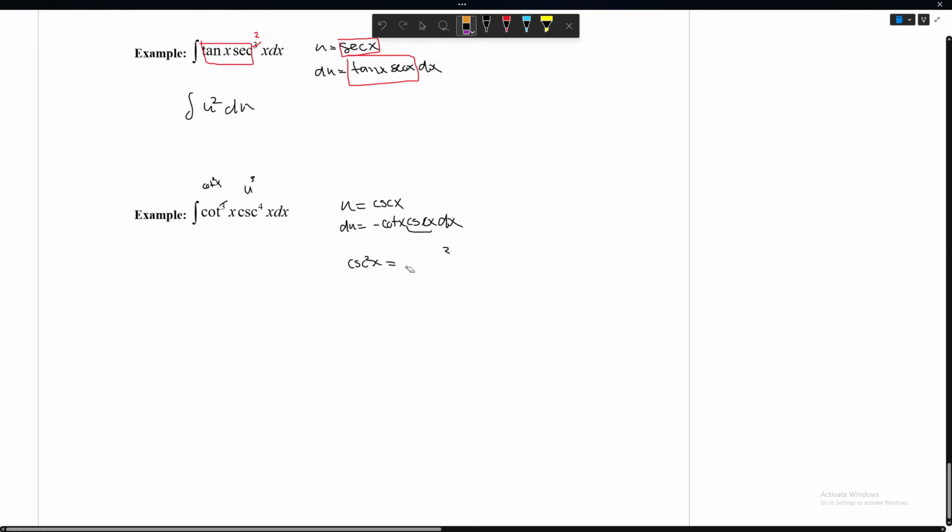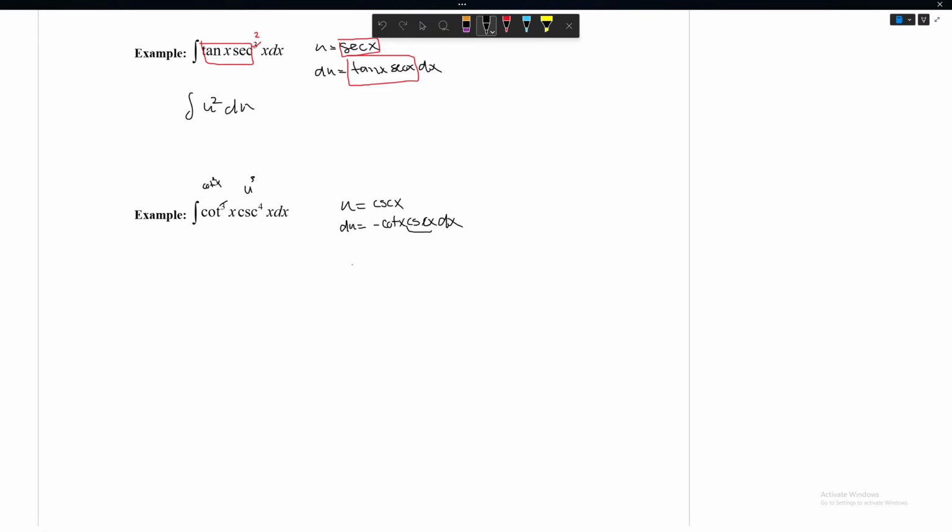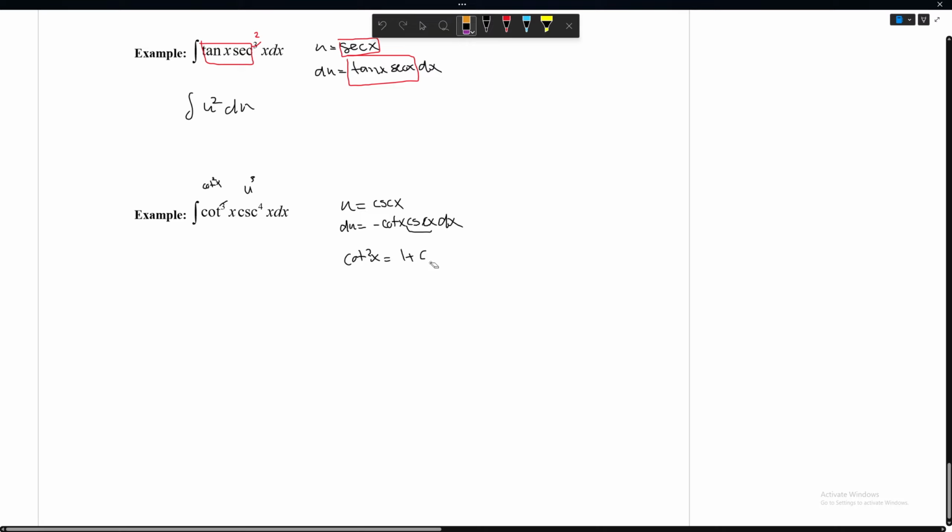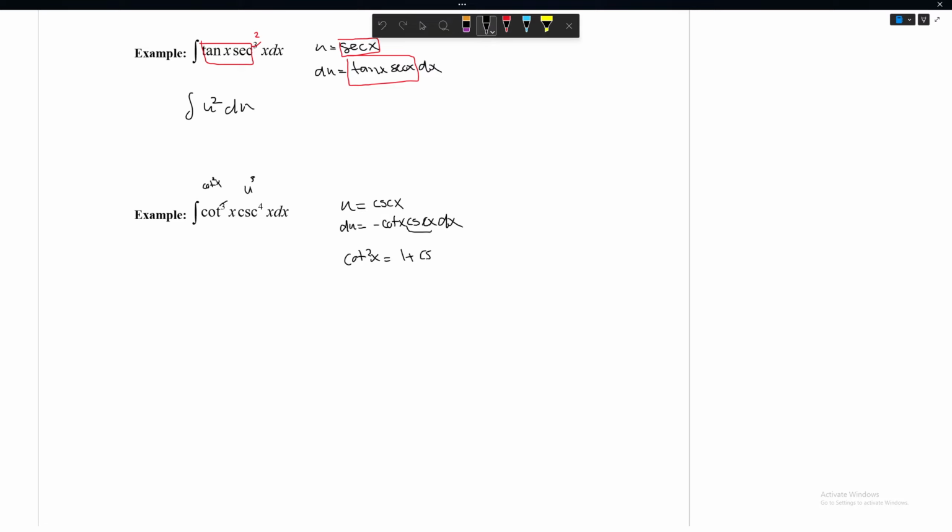So I gotta change my identity for cotangent. I'll get cot squared x equals 1 plus cosecant squared x. They look so similar. So annoying. Alright. So let's sub stuff in. I'll take my negative out since I know it's coming anyway.